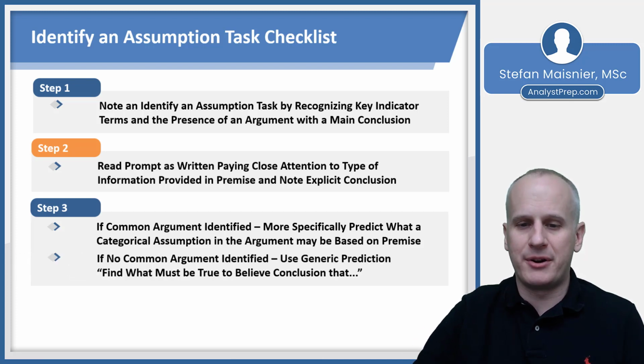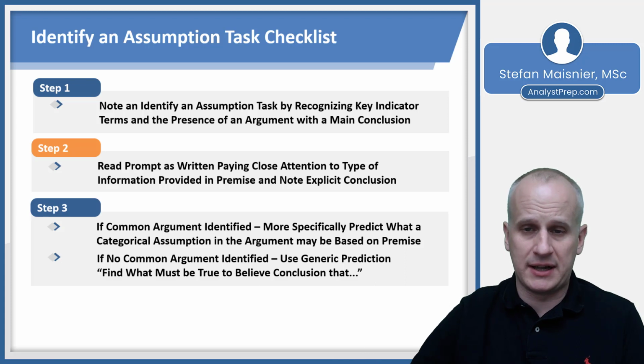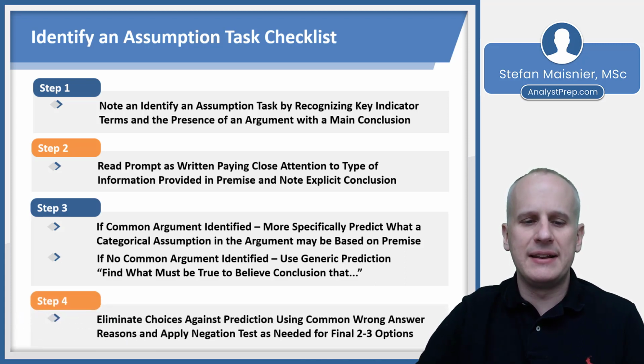But if no common argument is identified, you could just use a generic prediction to find what must be true to believe the conclusion, whatever the conclusion is. And lastly, of course, eliminate your choices against the prediction using the common wrong answer reasons and apply the negation test as you find it to be needed for the final 2 to 3 options.